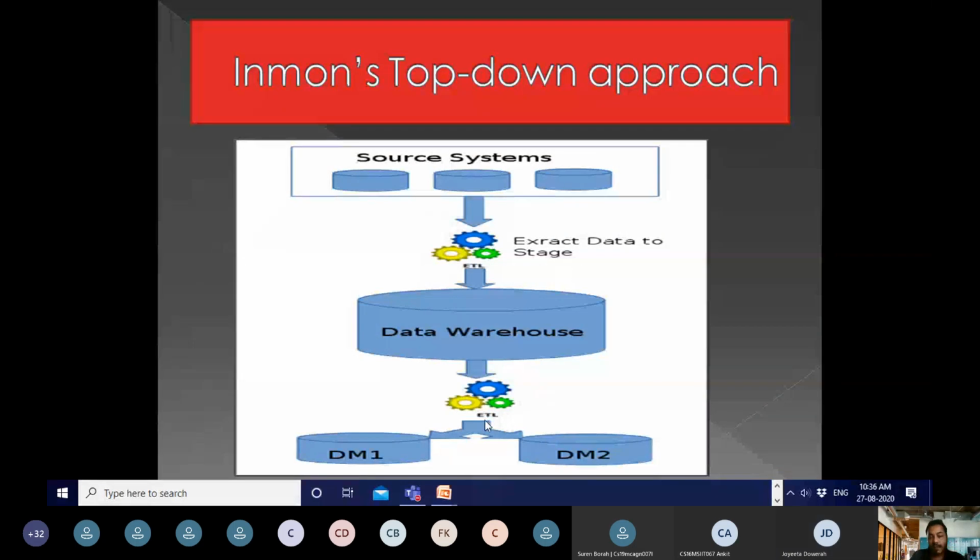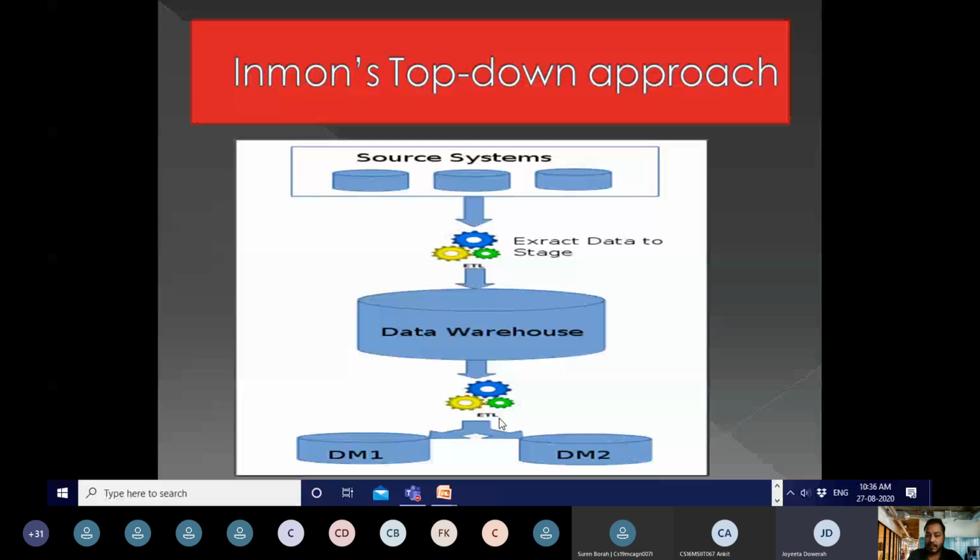This is the ETL process. ETL means extract, transform, load: you transform the data and use a staging area.